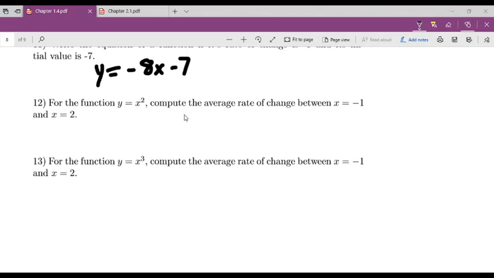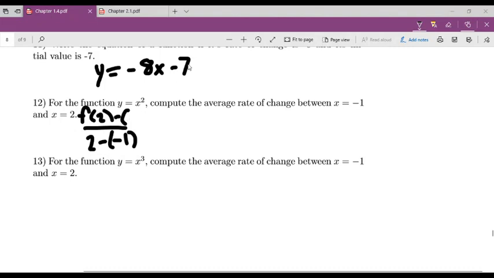Okay. For the function y equals x squared, compute the average rate of change between x equals -1 and x equals 2. Okay, so really what you're looking at, put the bigger number first, 2 minus -1, okay, which means we need to find f of 2 and subtract that from f of -1.